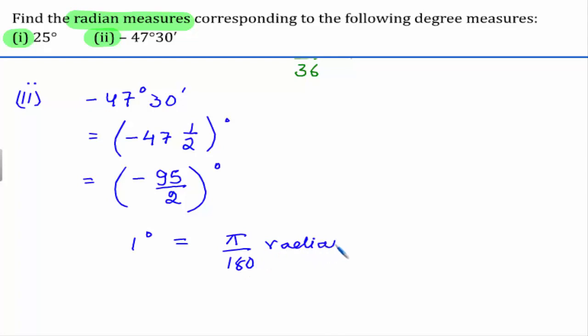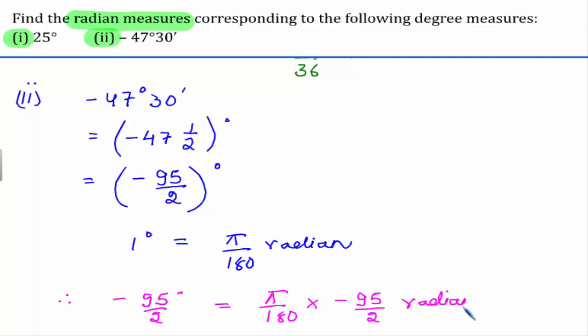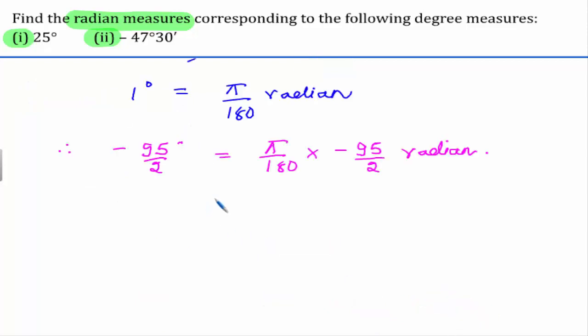Therefore, minus 95 upon 2 degrees is equal to pi divided by 180 into minus 95 divided by 2 radian. This is further equal to, 5 ones are 5, 5 nines are 45, and here we have 5 into 36 gives 180.